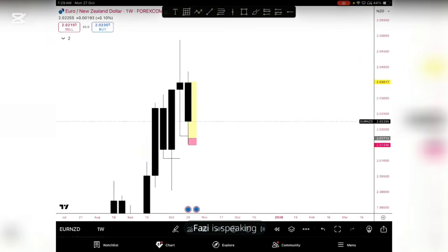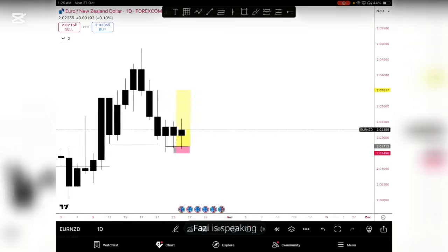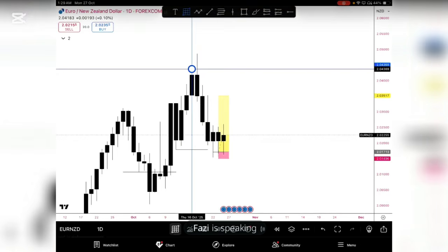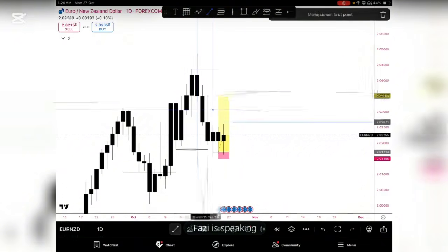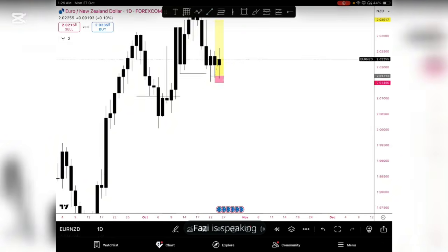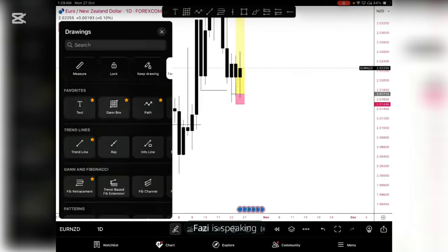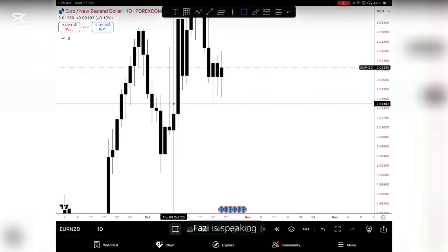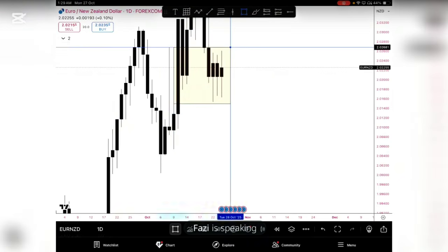What do you see on daily? You can see we have a daily sweep here. We have a daily A-shaped key level here. So the price came here. Let me delete it all. Here the price came to fill the imbalance, right? You can see the price came to fill the imbalance.